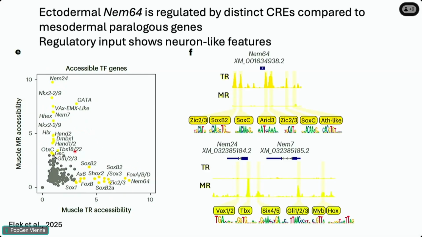Zooming into the locus of NEM64 and its paralogs, you see here NEM64, and here its two paralogs, NEM24 and NEM7.